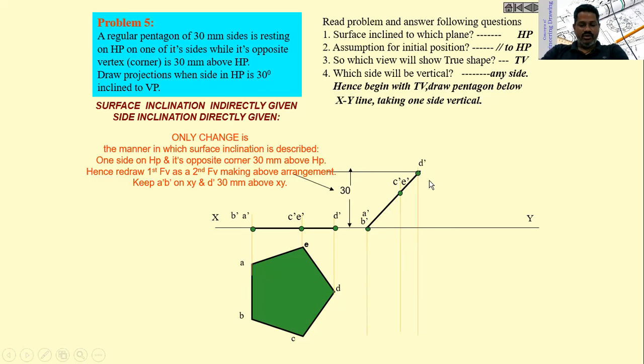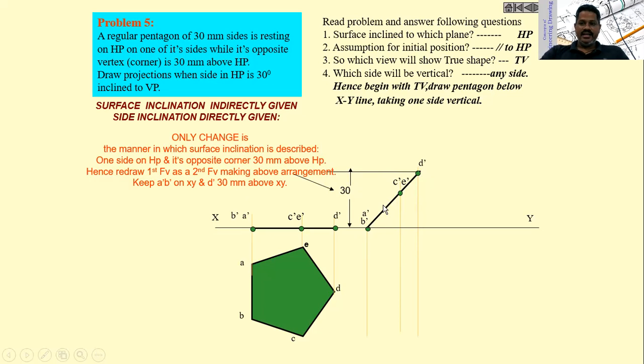That will become D point, because in this problem it is given that the top end of the pentagon is 30 mm above the XY line. That is the condition given. Then I located the 30 mm point above the XY line. At that distance, I have located the D dash point.